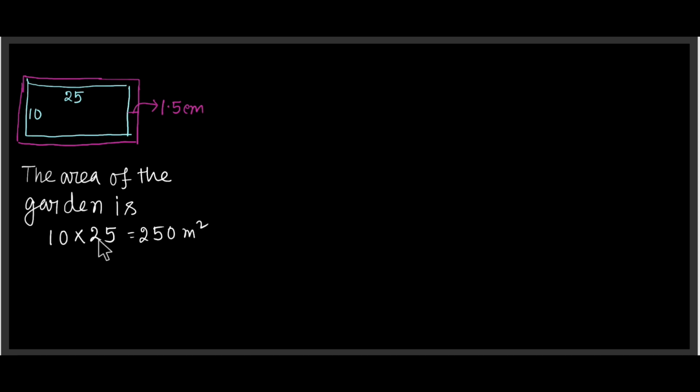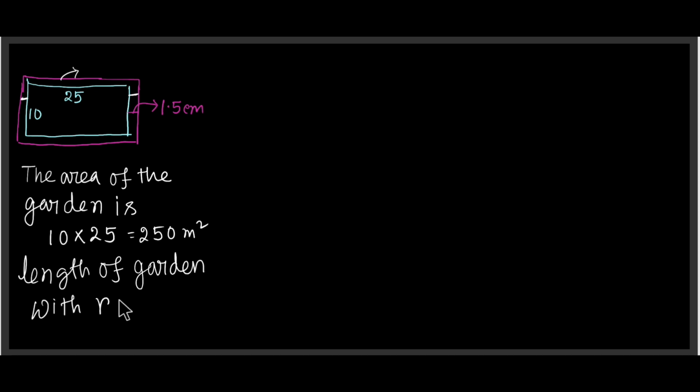Now we can find the length of this red rectangle, which is increased by 1.5 and 1.5 on both of the sides. So the length of this rectangle must be 25 plus 1.5 into 2, and it is 28 meter.